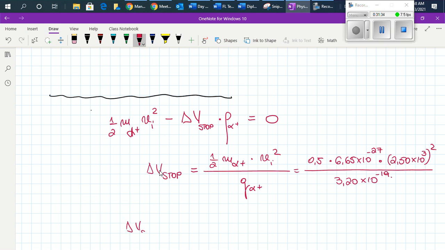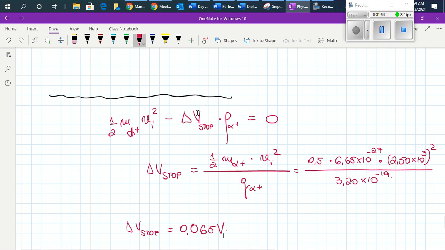So enter this in your calculator and then we'll see what that voltage is. I have here 0.065 volts. Now this will give us the voltage.